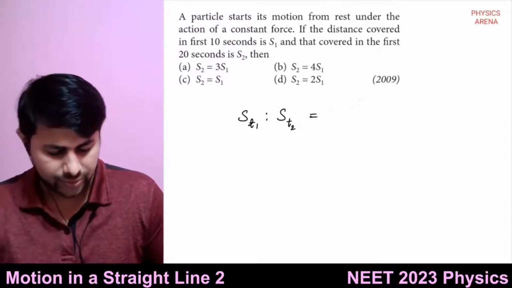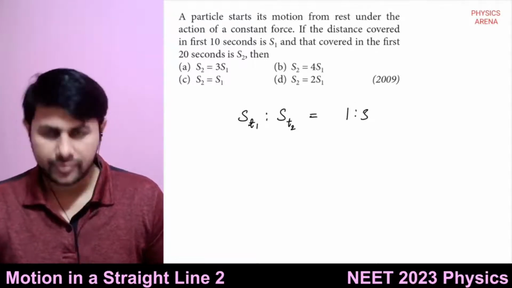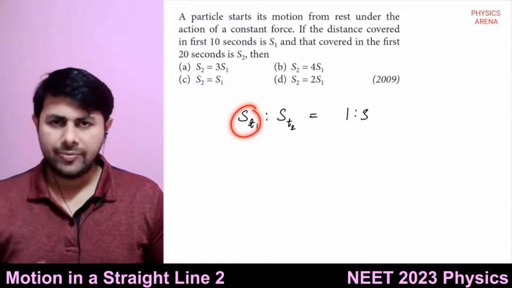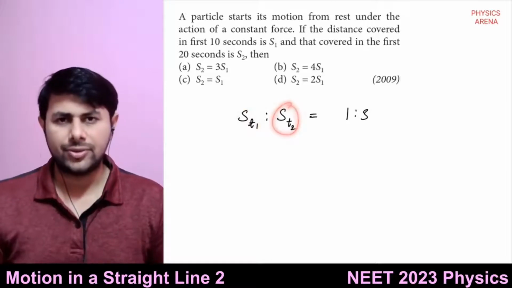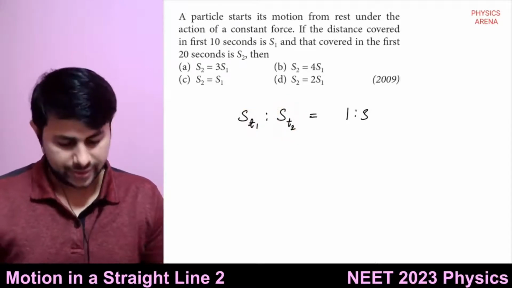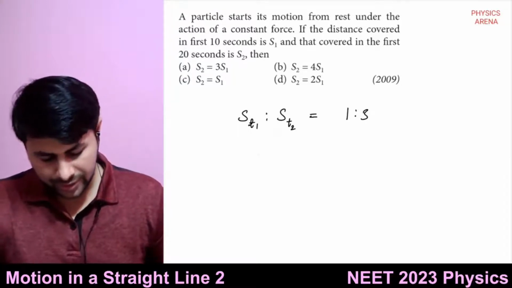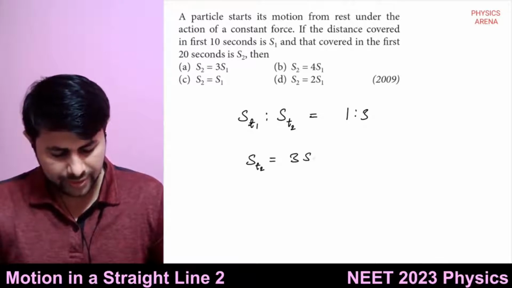It is equal to 1:3. So s in time t1 is distance covered in first 10 seconds, s in time t2 is distance covered in next 10 seconds, and this ratio is 1:3. That means this s t2 is equal to 3 times s t1.